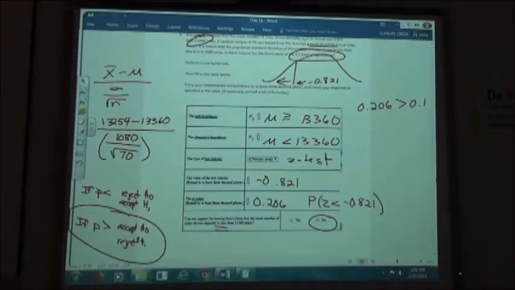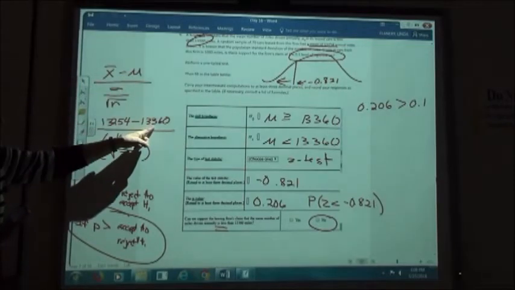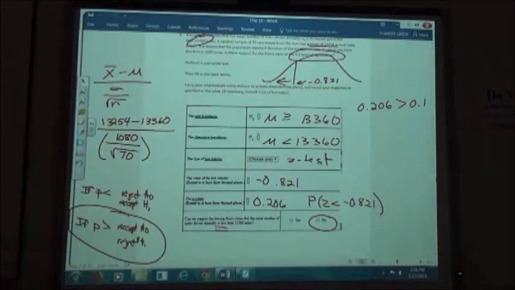Then we have to put our numbers in the correct places. So, the X bar one was the 13,254. The mean one is the 13,360, right? So the top one is the 13,360. Our standard deviation is this number here, which is the 1,080.